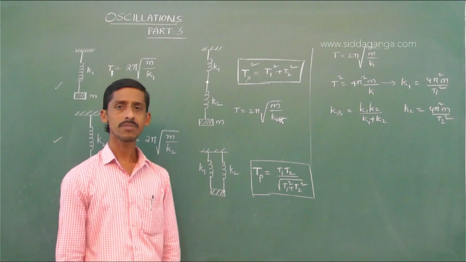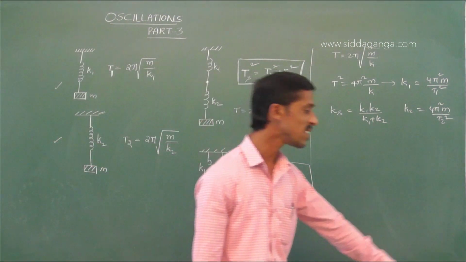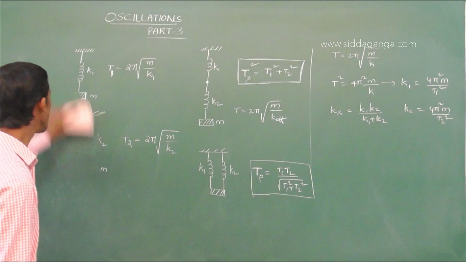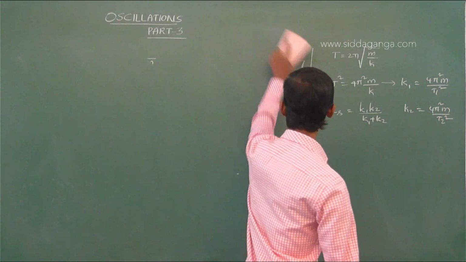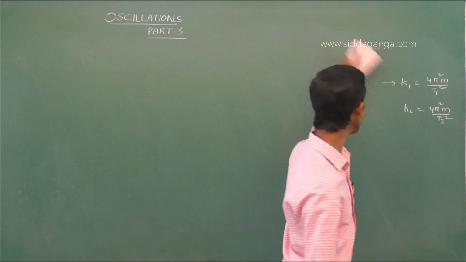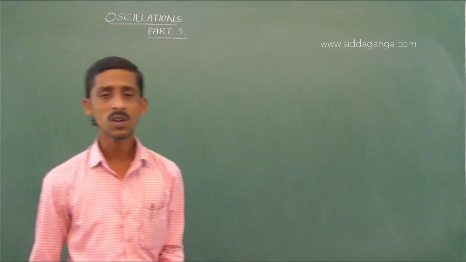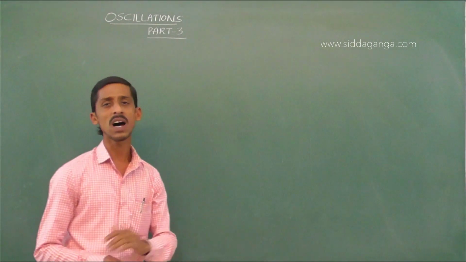So now, after this, we shall see some other examples, other systems which exhibit simple harmonic motion. In addition to the simple pendulum and the spring pendulum, we have some other examples.